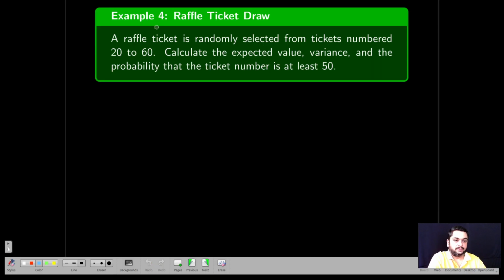Next. A raffle ticket is randomly selected from tickets numbered 20 to 60. So these are also in sequence: 20, 21 up to 60. So this is your b, this is your a. Again, spacing is 1. So find out n. n is equal to (60 minus 20) by d, which is 1, plus 1.